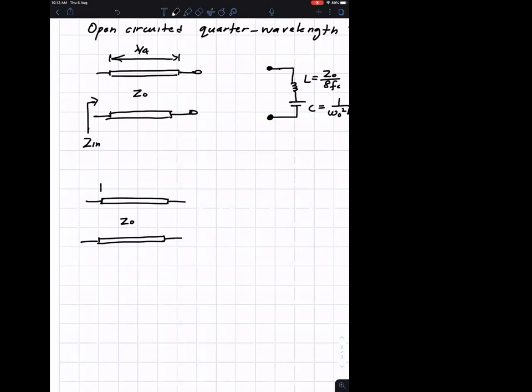Now we have a half wavelength open circuited transmission line. This is equivalent to a parallel lumped element LC circuit.